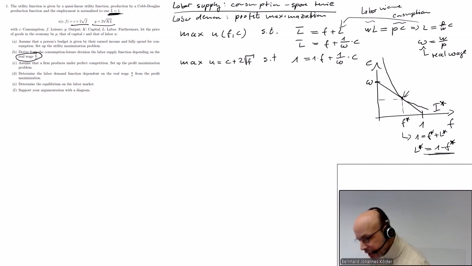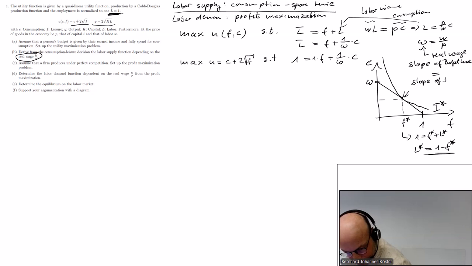But what is the condition here? Well, you can see it also in the diagram graphically. The slopes of the two curves have to coincide. Okay? Slope of budget line equals slope of indifference curve.